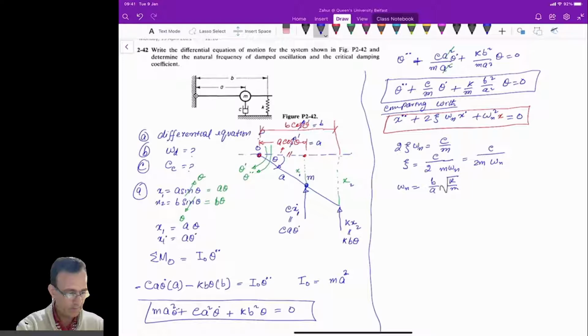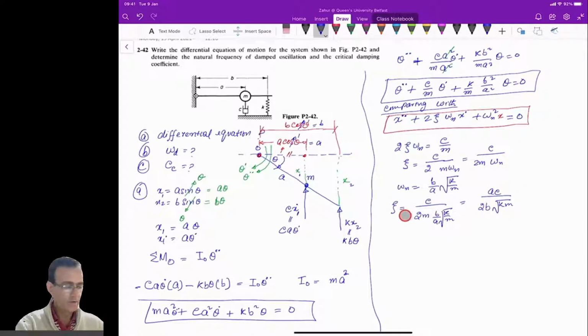If you put omega n in this equation, zeta becomes c divided by 2m times b by a square root of k by m. Simplifying, it becomes a c divided by 2 b square root of k m.